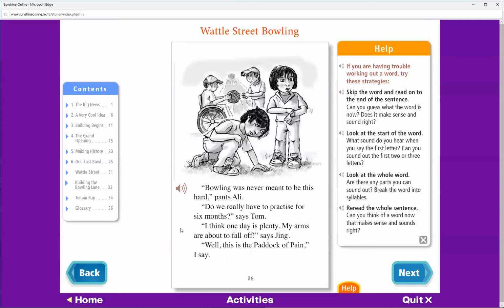Bowling was never meant to be this hard, pants Ali. Do we really have to practice for 6 months? Says Tom. I think one day is plenty. My arms are about to fall off, says Jing. Well, this is the paddock of pain, I say.